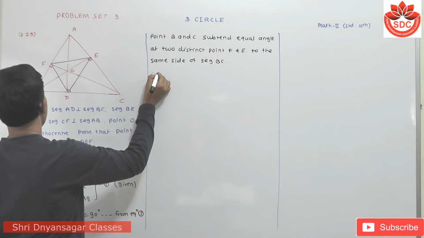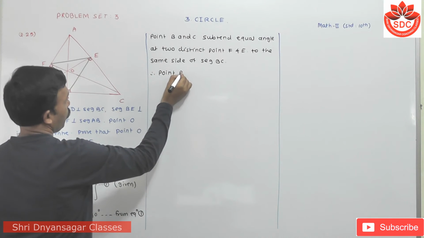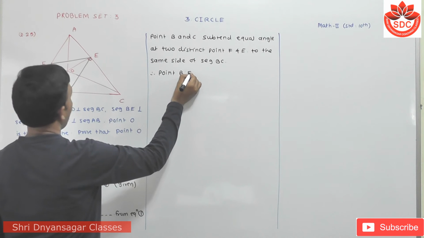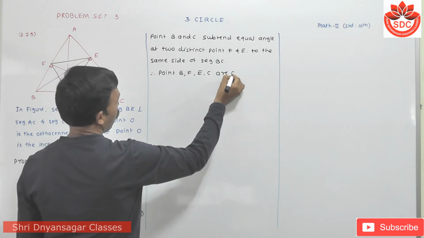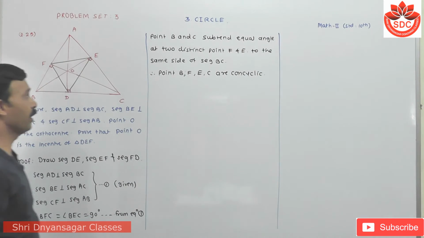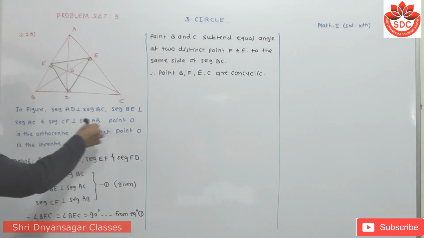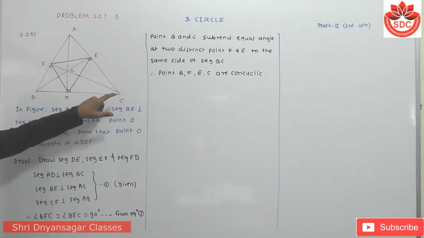Therefore, these points B, F, E, C are concyclic. Student, look here, it means that all these 4 points B, F, E, C lie on the circle.